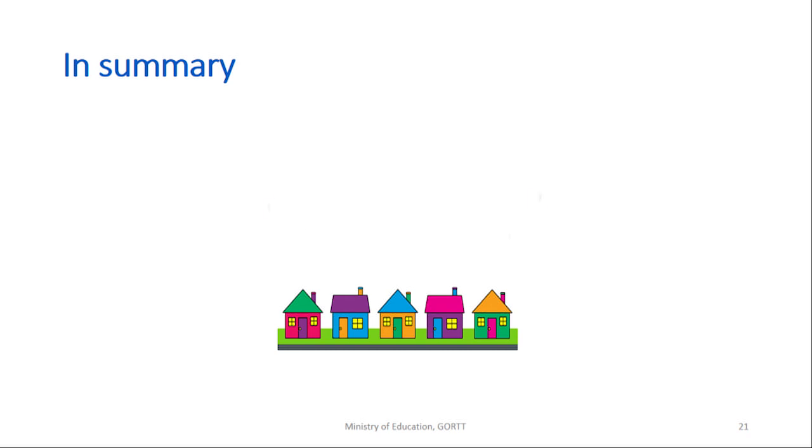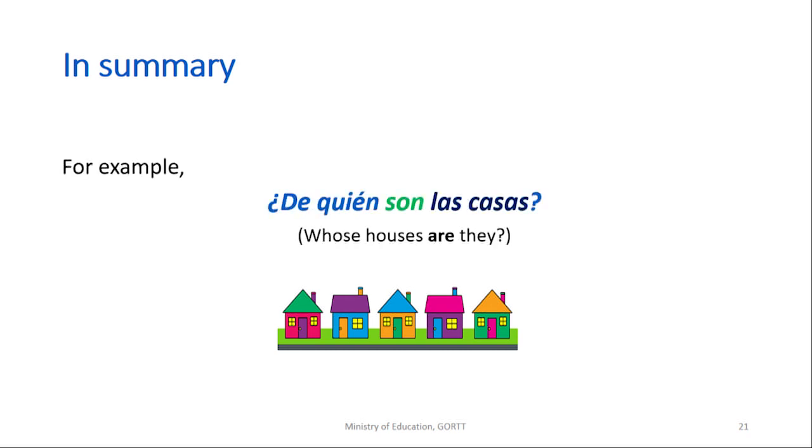So, for example, if I would like to ask, whose houses are they? I simply ask, ¿de quién son las casas? Here we use the word de and also the verb son, which means are, to indicate that we are trying to find out about the ownership of more than one thing.